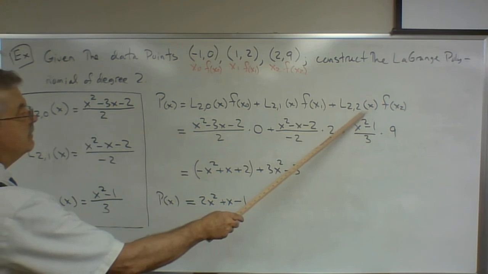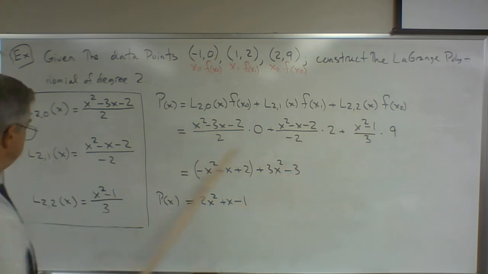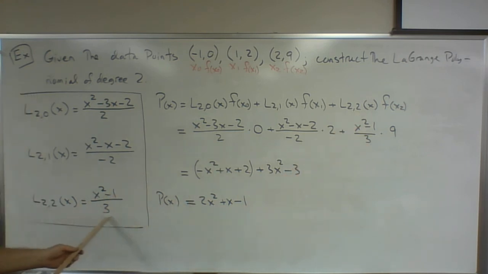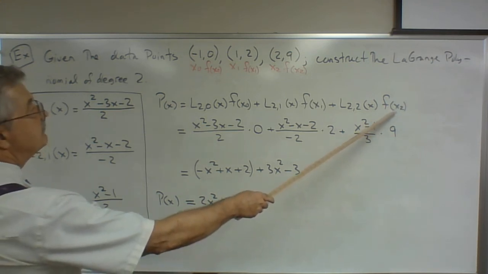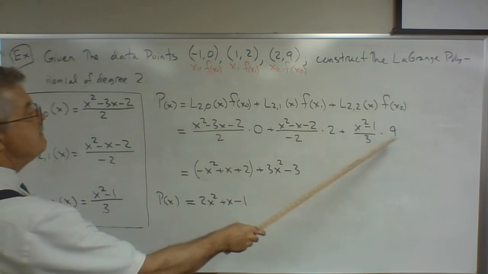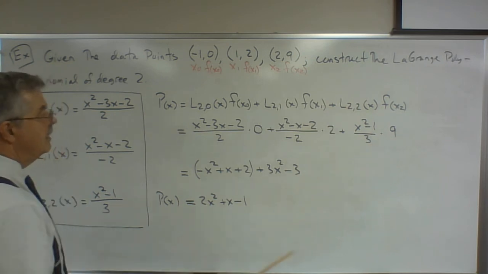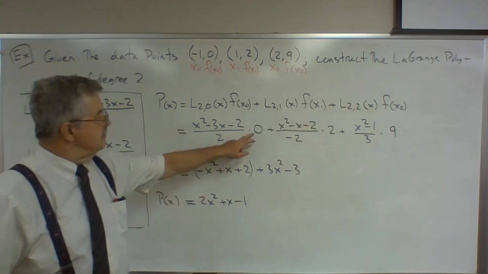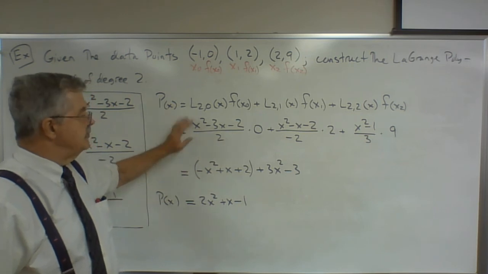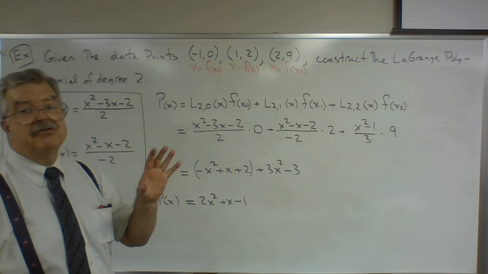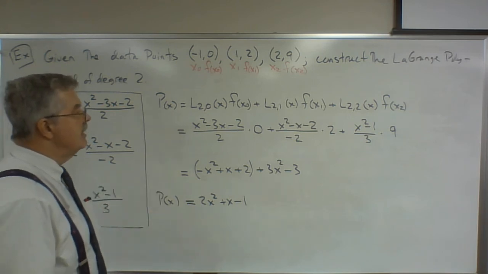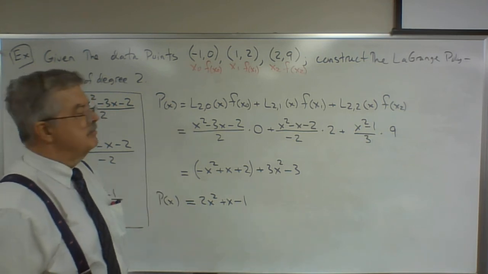And the second Lagrange coefficient, that's this thing, times f of x of 2, which is 9. 0 times this thing, all this gets wiped out. But I guess what that means is it was just extraneous information or superfluous information.